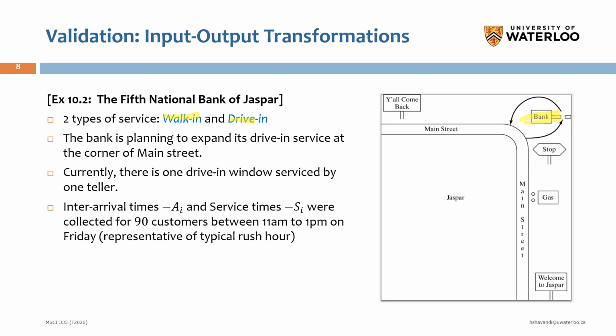Okay, so to do so we need to prepare a simulation model, right? So we start actually collecting data for 90 customers between 11 a.m. to 1 p.m. on Friday, which is a typical representative of typical rush hour.